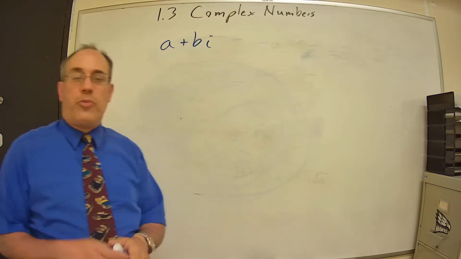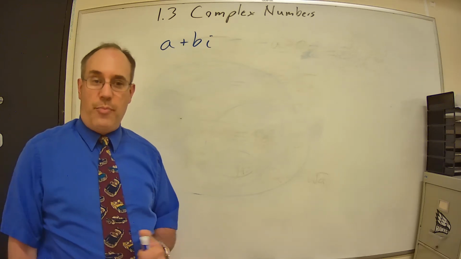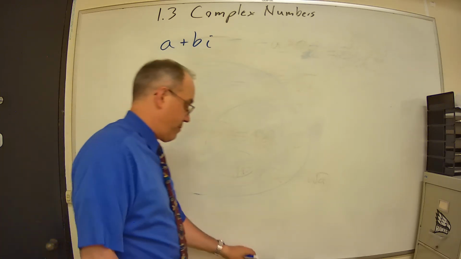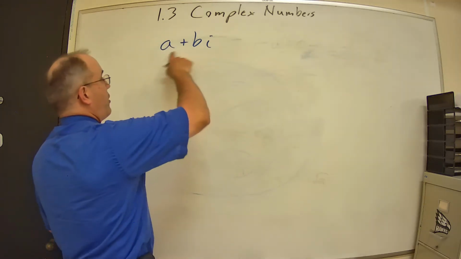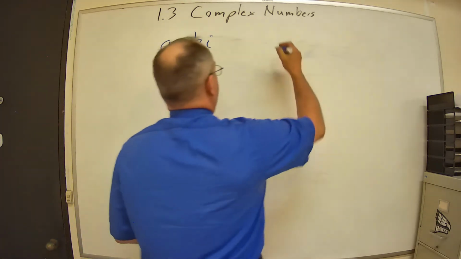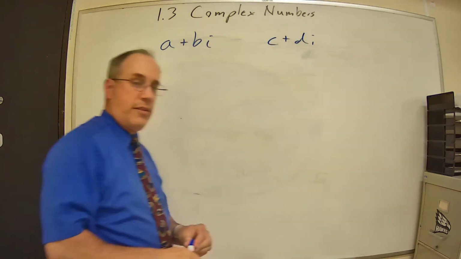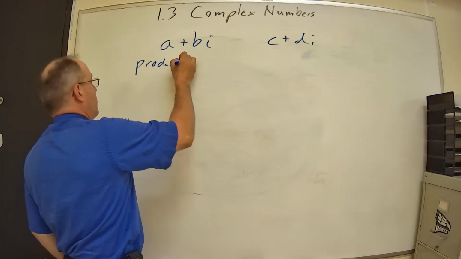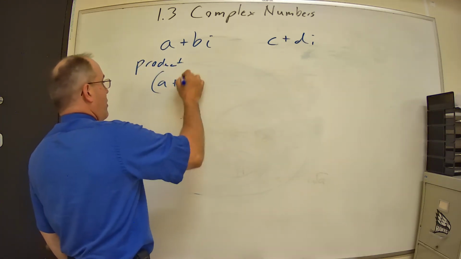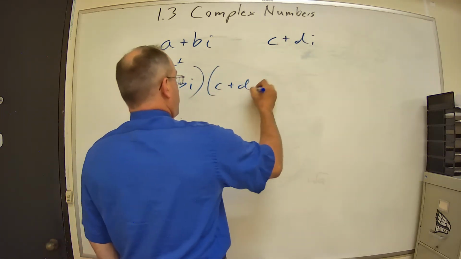So we're going to start with products and quotients of complex numbers. So we have one complex number, a plus bi. We have another complex number, c plus di. And if we take the product, so a plus bi times c plus di.